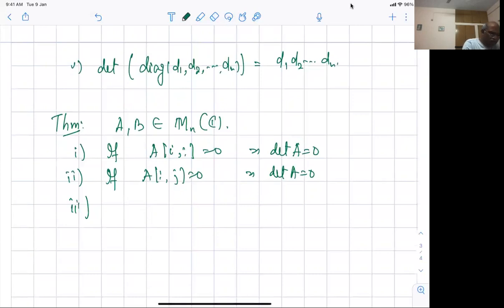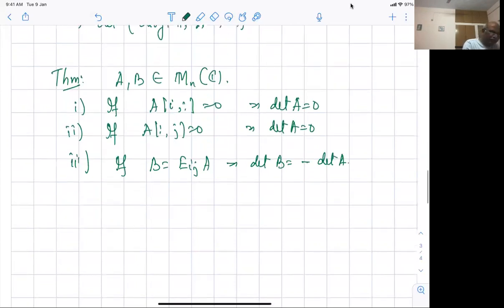3, if B is E_ij times A, that is, I have interchanged the ith and jth rows of A, this will imply that the determinant of B is minus the determinant of A, because the direction will change. All right, fine.